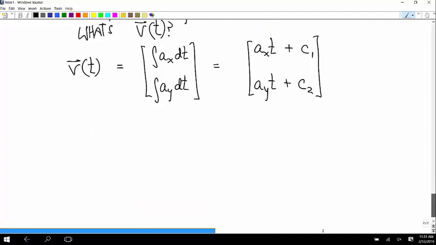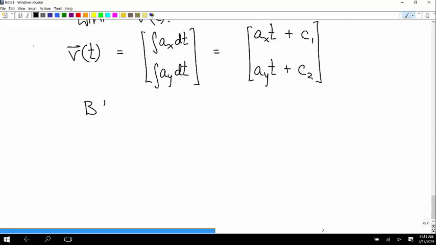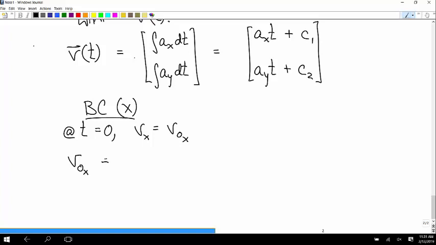Boundary conditions, exactly. First I'll do the boundary condition for x, just like I did in the last example. We know that when t is equal to 0, v is equal to v sub 0. So v0x is equal to ax times 0 plus c1.